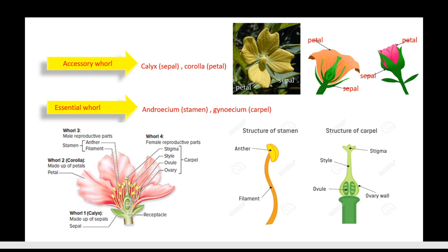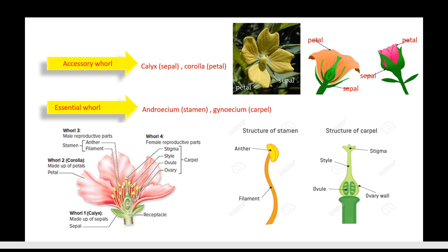So these are all about the structure of a flower. Now write some questions which are not written in the PPT, which are not written in a slide.